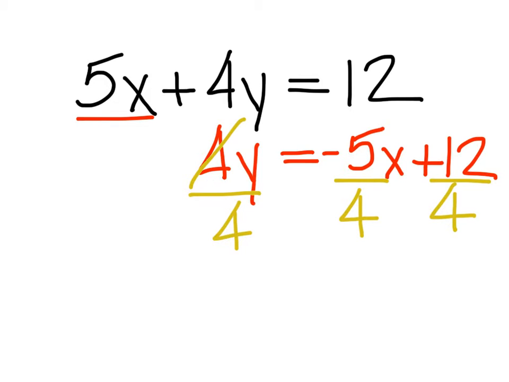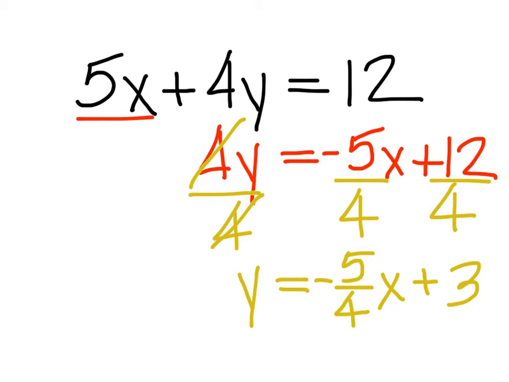When you do that, these cancel out and you're left with a y. Negative 5 over 4 cannot be reduced, so negative 5 over 4x, remember to write the x in there, and then plus 12 over 4, which is 3. That's what your equation must look like.